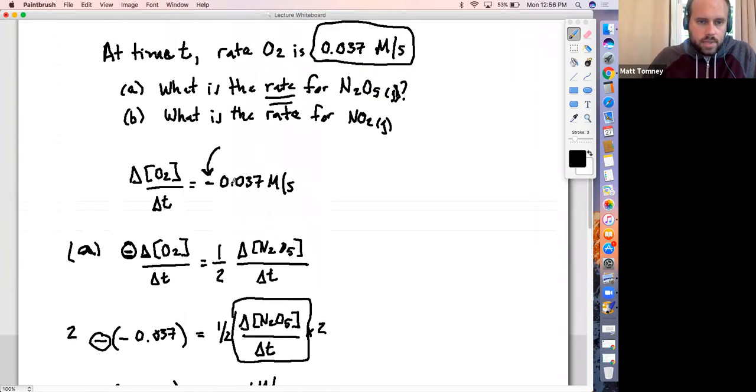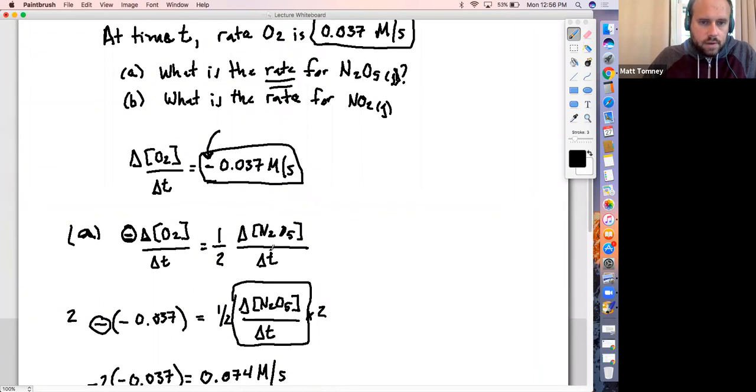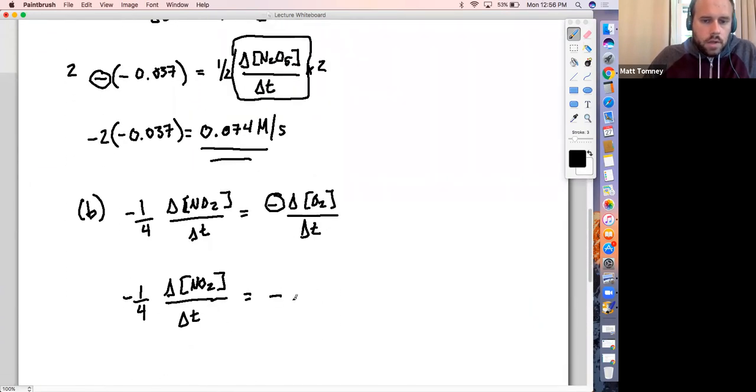If we come back up, it's this value right here, -0.037 molarity per second. So I'm going to put here a negative, okay, just like before, 0.037 molarity per second.